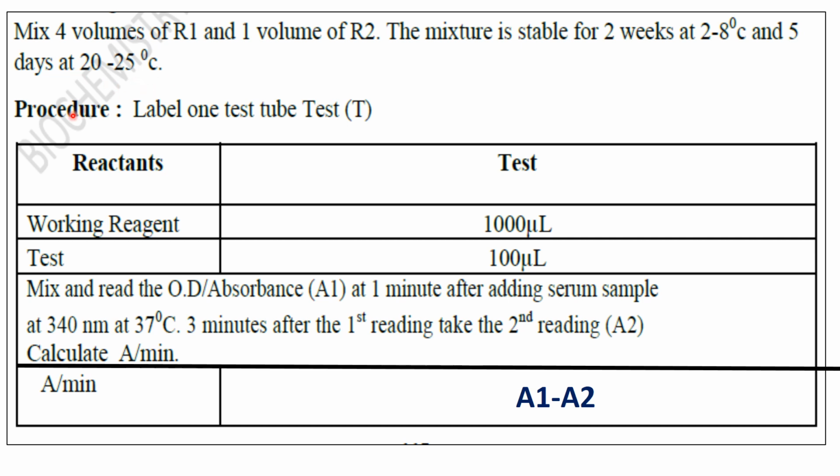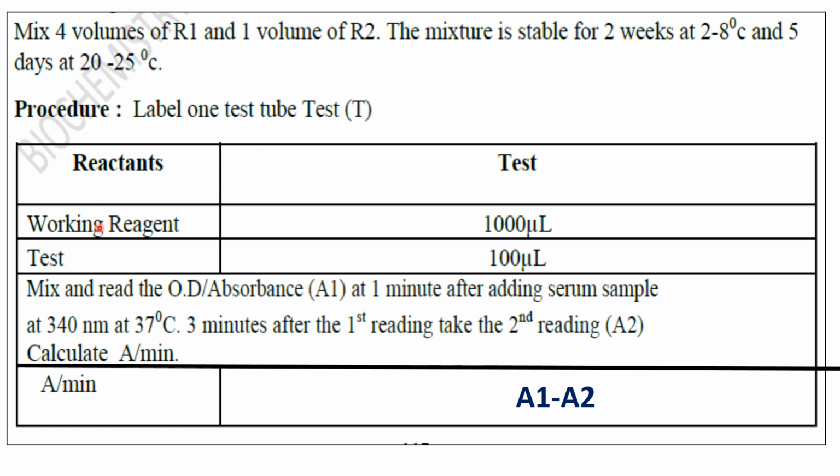The procedure is we will take just one tube because here we do not need a blank and a standard. All the details are already fed in the semi-auto analyzer, so we just need to take the test tube for patient sample. So only a single test tube.